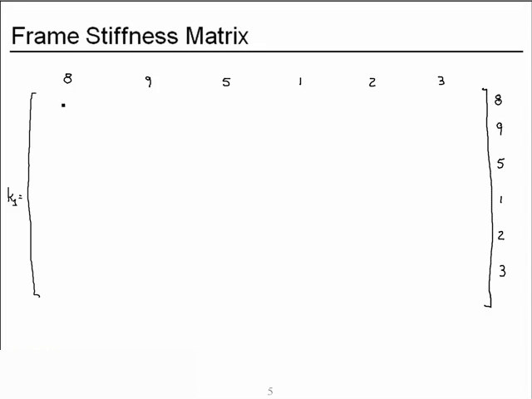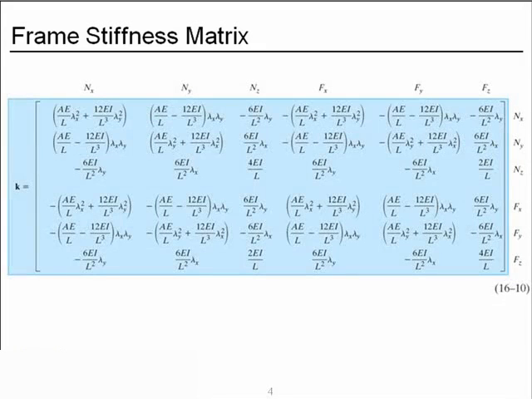Now for our first term. As we look at this equation for the element stiffness matrix, remember all the lambda x's will be 0. So this term will be 0. But we'll need this, and lambda y squared is still 1. Lambda x is 0, so this term is 0. This component is 0.